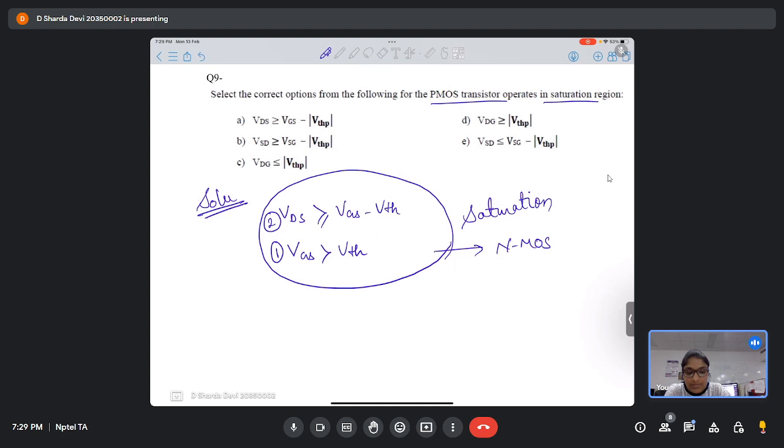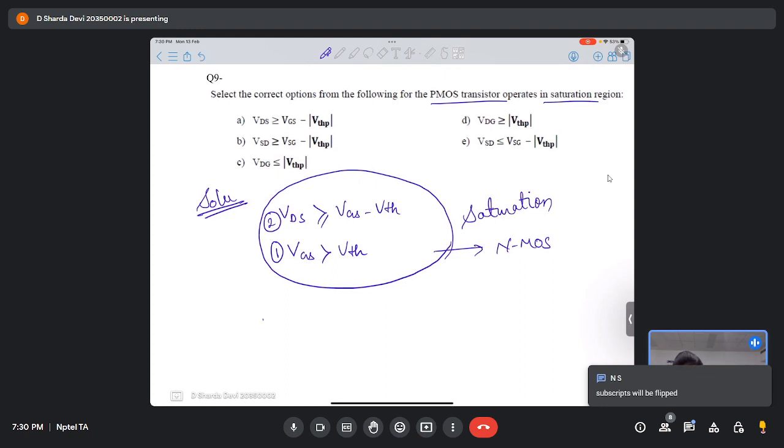What will change when we change the transistor from an NMOS to PMOS? Ma'am, polarities are reversed. Source will become drain and drain will become source. So subscripts will flip.